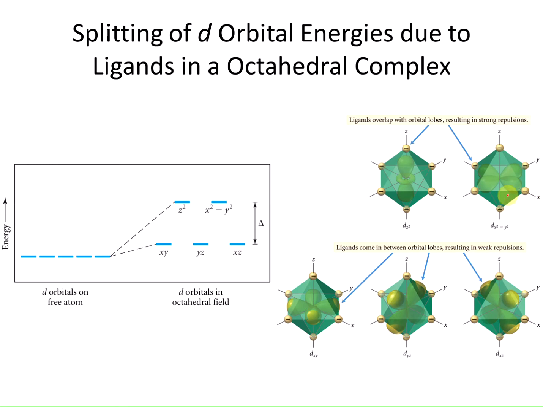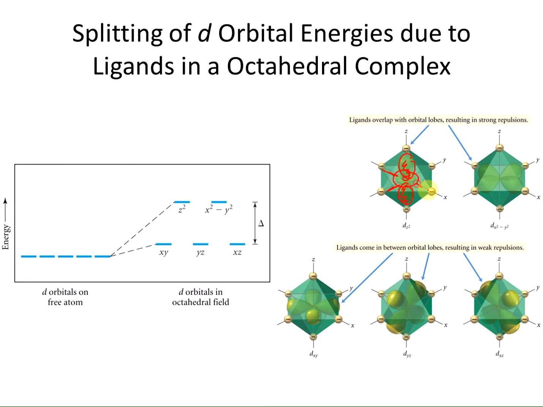So for an octahedral complex, this is how the orbitals split. The dz squared and the dx squared minus y squared actually have the most overlap with the ligands. So notice here we've got the lobes for the d orbitals. For the dz squared orbital, you've also got the donut in the same plane as the ligands, so you get some overlap there.